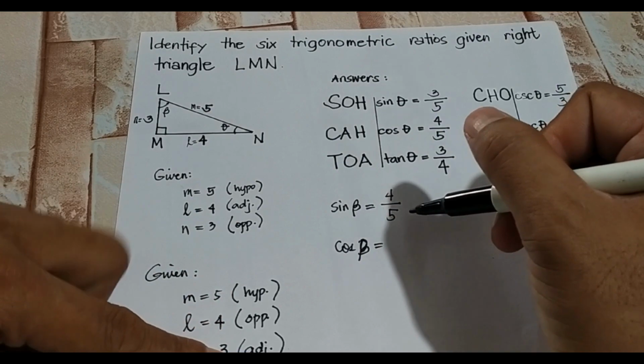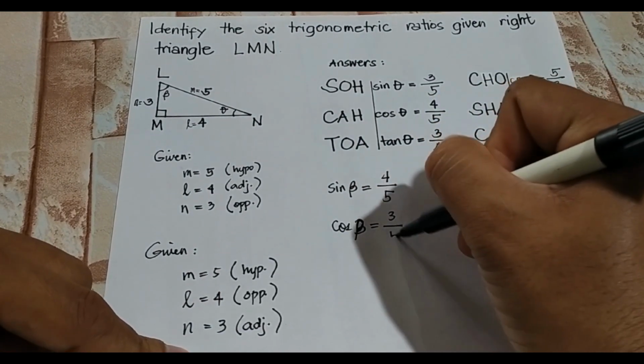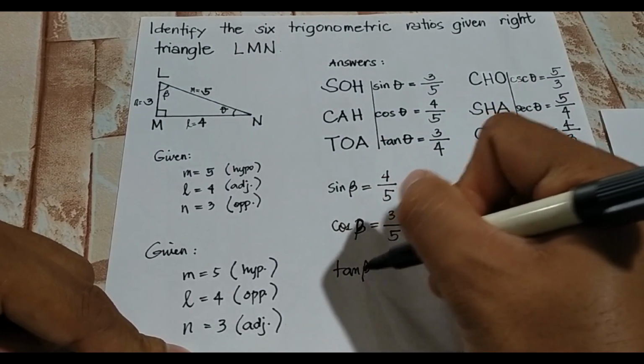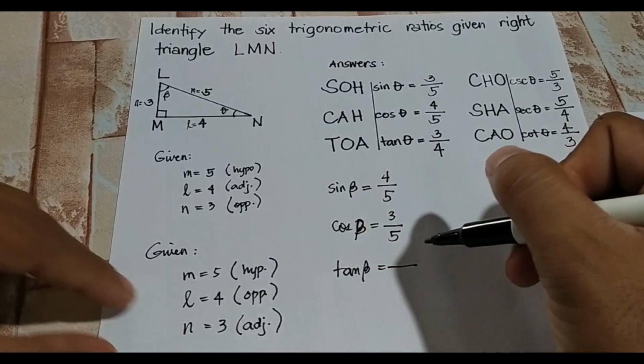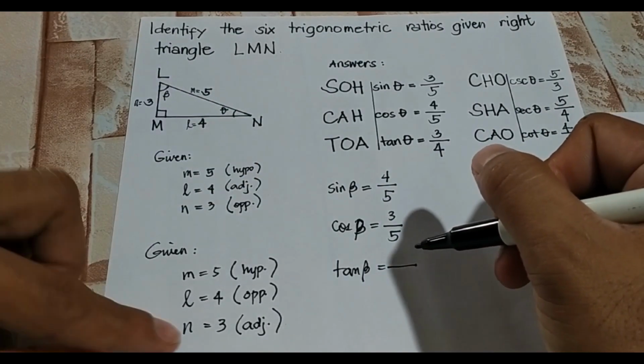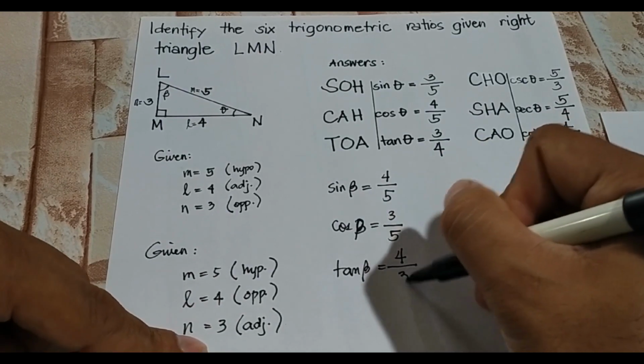The adjacent is 3, over 5 as our hypotenuse. And for tangent beta, you have TOA: opposite over adjacent, so 4 over the adjacent 3.